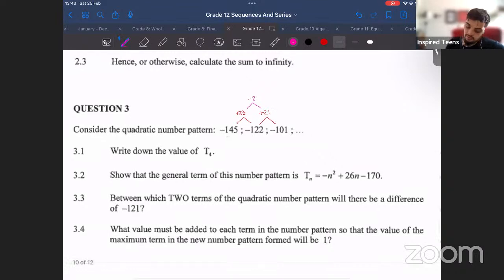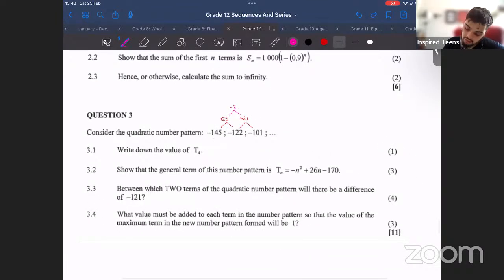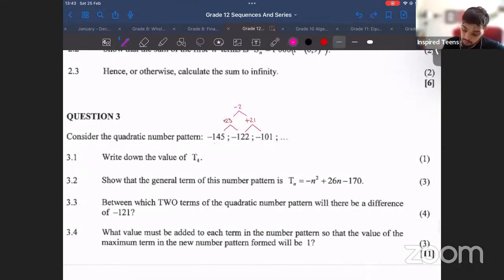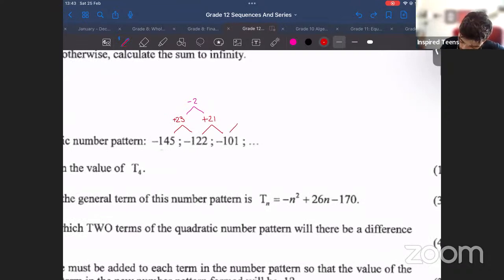So this easy first question for 1 mark, when they say calculate the value of T4, you should simply follow this up. I need to go from there to the next term, and from this first difference to the next. How do I get there? By minusing 2 again.